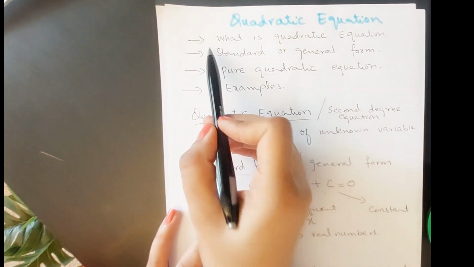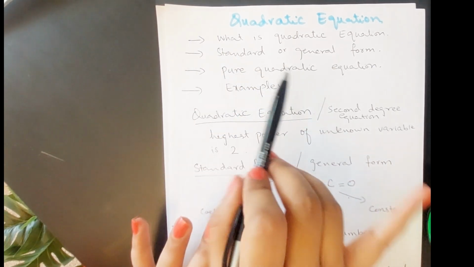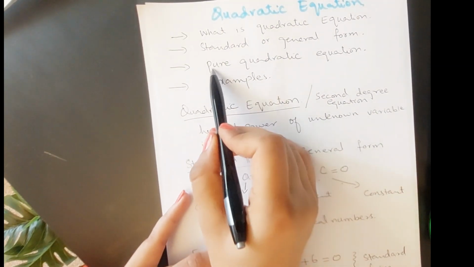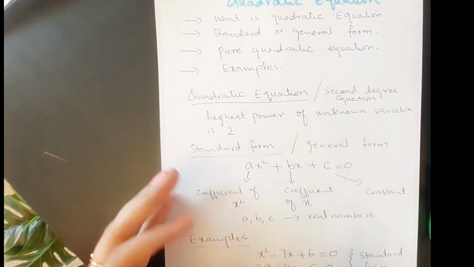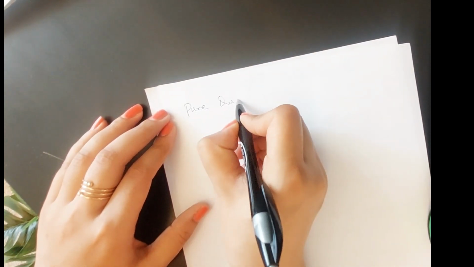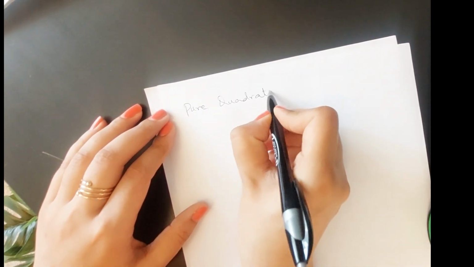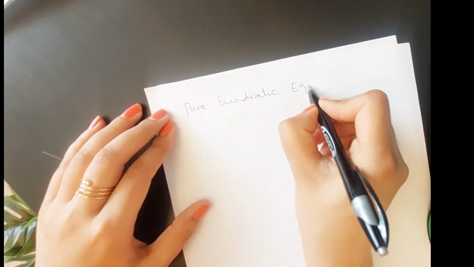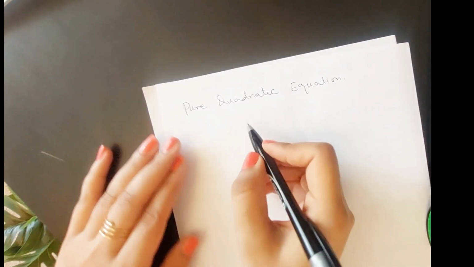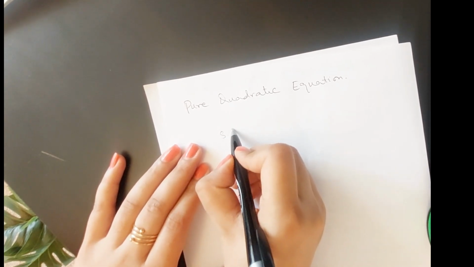So now, what is quadratic equation we have done, standard form we have done. I've given you examples. Now we will explain what is pure quadratic equation. So let's start this. For pure quadratic equation, first let me write the standard form again.